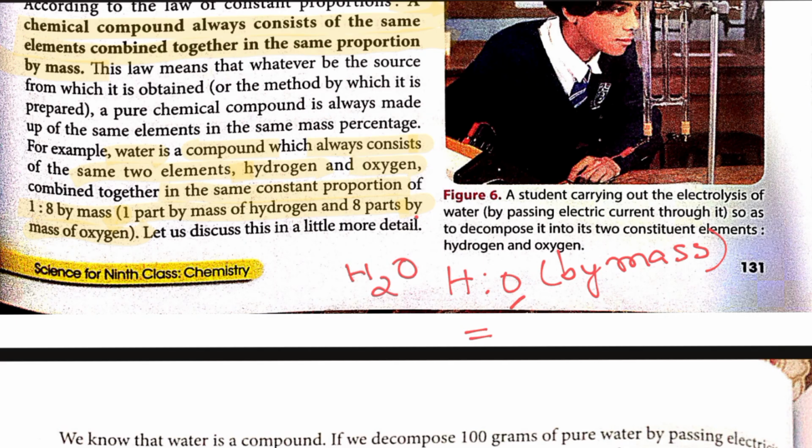The atomic weight of hydrogen over here is 1. There are 2 such hydrogens, so 1 into 2. So you need to know the atomic mass of H, which is 1, and of O, which is 16.